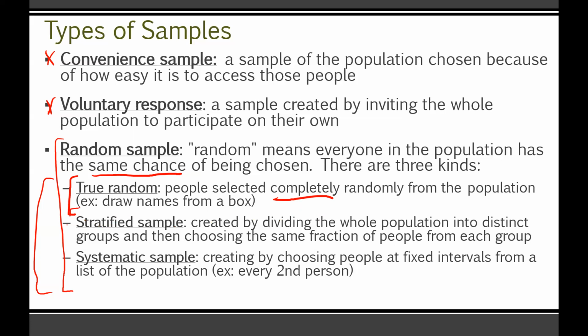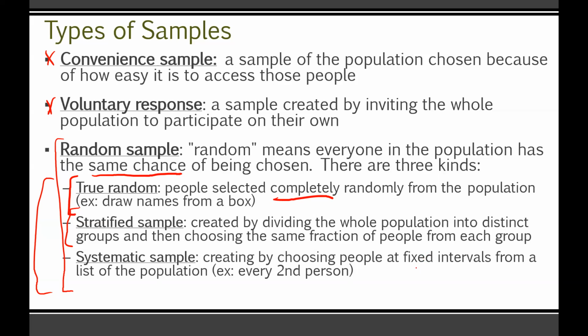The next one is called a stratified sample. This is created by dividing the whole population into distinct groups and then choosing the same fraction of people from each group. That sounded kind of complex, but let me make this a little bit easier. A good example of a stratified sample, and again, this is a type of random sample, just make sure that's clear.